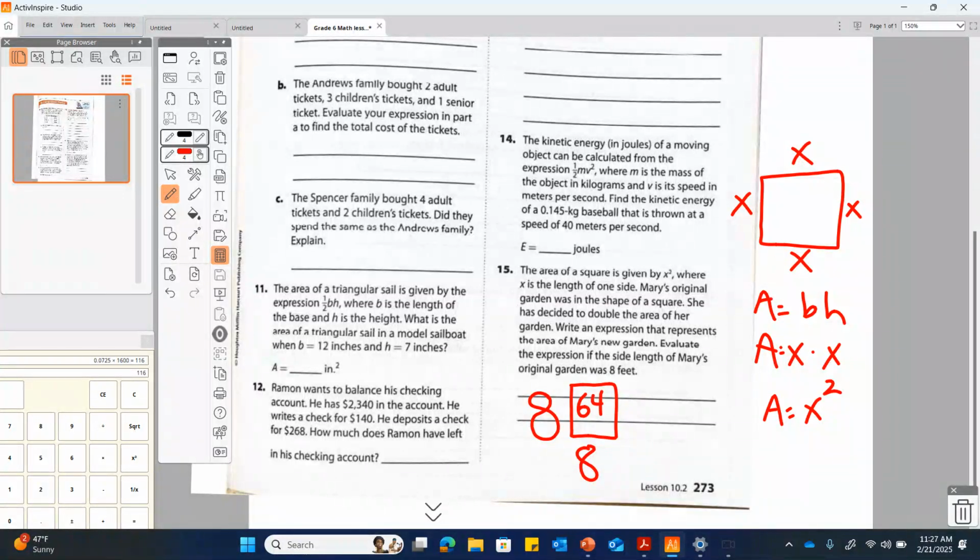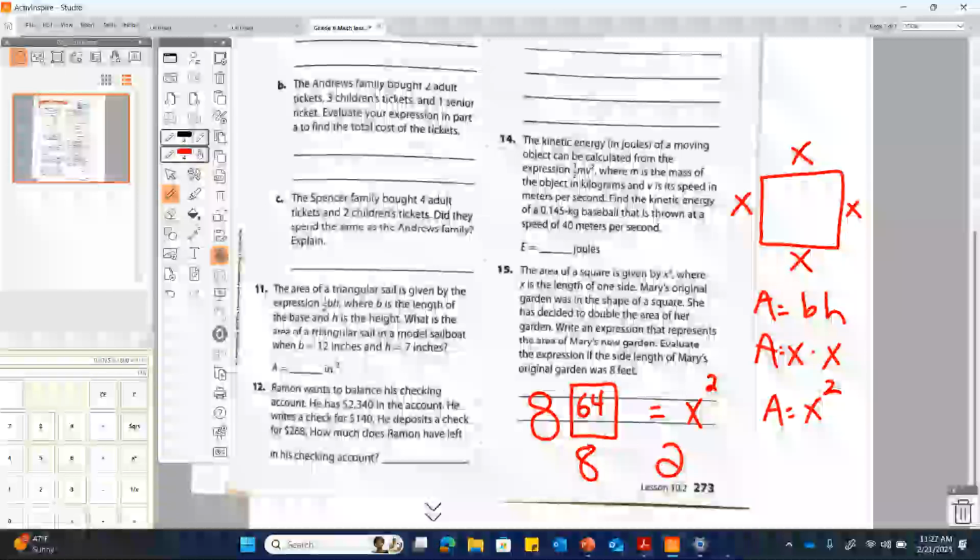Okay? But now she wants to double. So if her original expression was x squared, if she wants to double it, that's 2 times x squared.